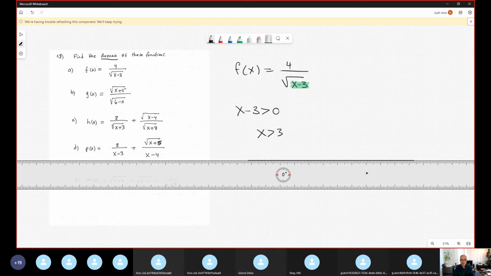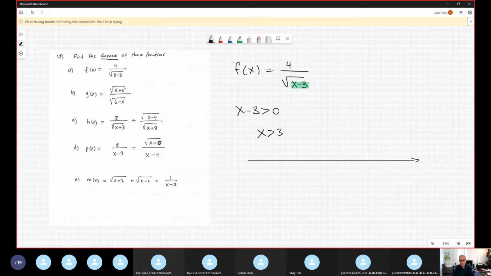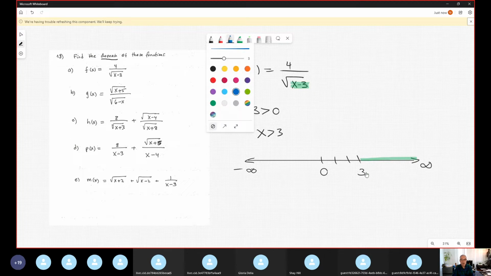This is the line that can represent all real numbers, infinity positive, infinity negative, 0 in the middle, 1, 2, 3, and the domain is from 3 to infinity, that part. Of course, do not include 3, because I don't see an equal sign. It's obvious, because 3 minus 3 is 0, the square root of 0 is 0, and division by 0 is not fine.